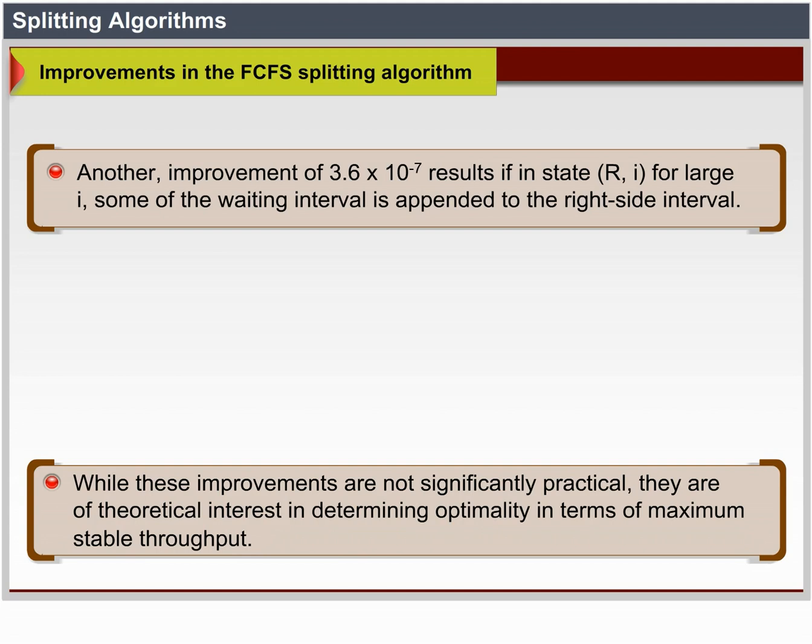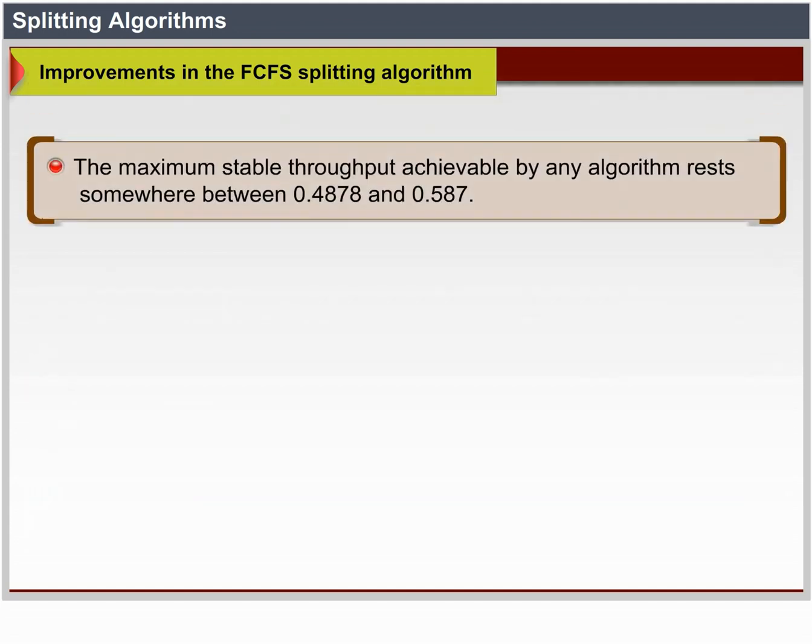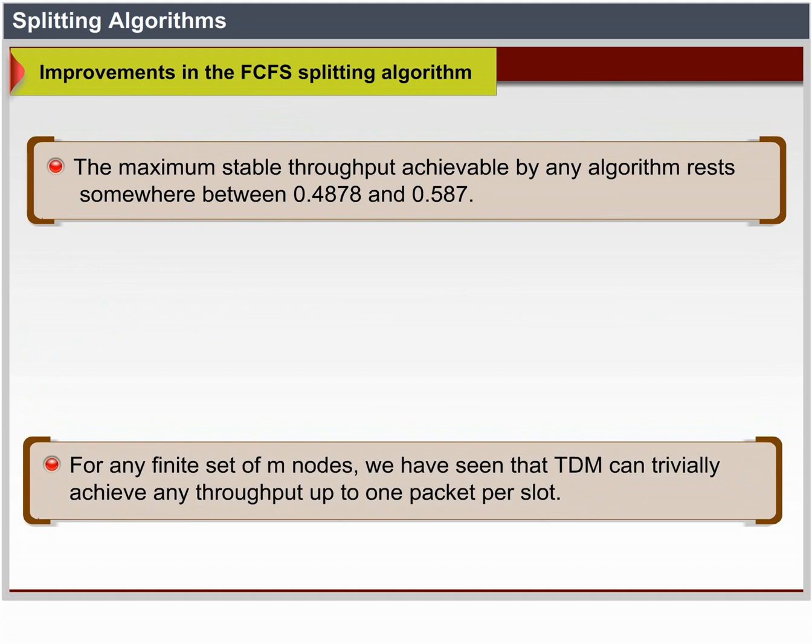The maximum stable throughput achievable by an algorithm lies somewhere between 0.4878 and 0.587. For any finite set of M nodes, we have seen that TDM can trivially achieve any throughput up to 1 packet per slot.